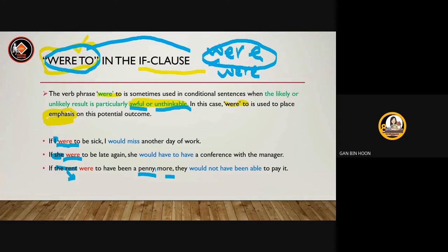Kalau dia adalah sedikit tinggi, a penny more, a penny is currency, mata wang. Contohnya beberapa ringgit. Kalau lah sewa rumah tu beberapa ringgit lebih, mereka mungkin tak boleh bayar. So tak logic, right? If the rent were to have been a penny more, they would not have been able to pay for it.